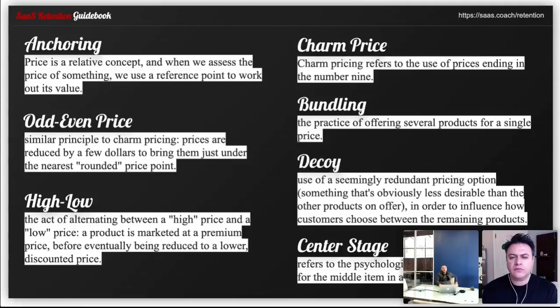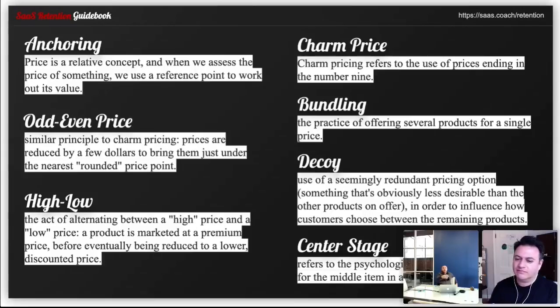The charm and the odd-even price really match. Charm is really that whole thing, and I kind of hate it, but things ending in 99, where it's $399 instead of $400. It is a mental thing, and it's proven. People look at that front number, and for whatever reason, $399 seems much more appealing.